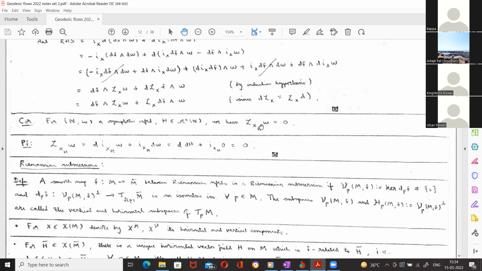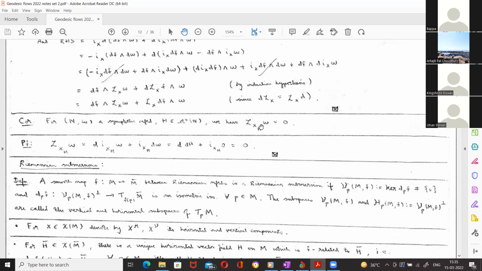So any symplectic manifold has a symplectic volume form, omega wedge power n. That is a nowhere vanishing top degree form. And the flow of any Hamiltonian vector field will preserve this top degree volume form. It will be volume preserving. So Hamiltonian flows are always volume preserving.